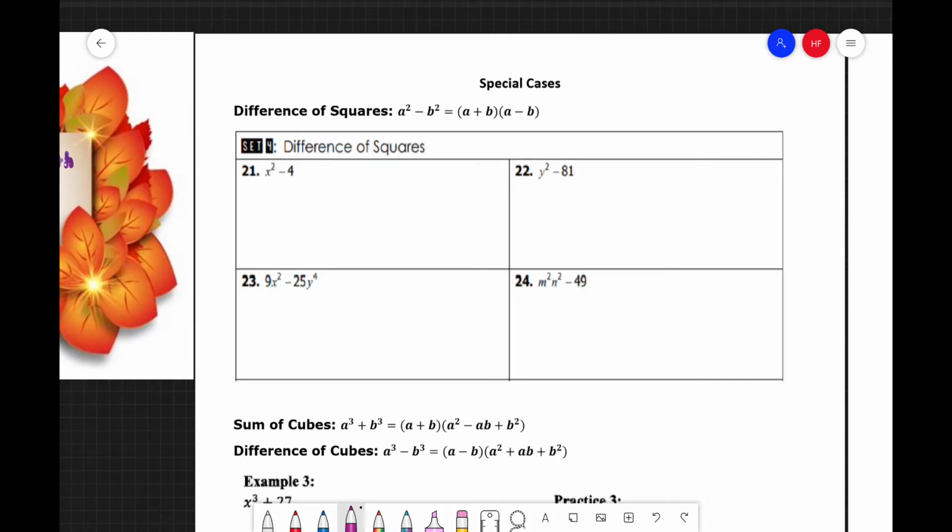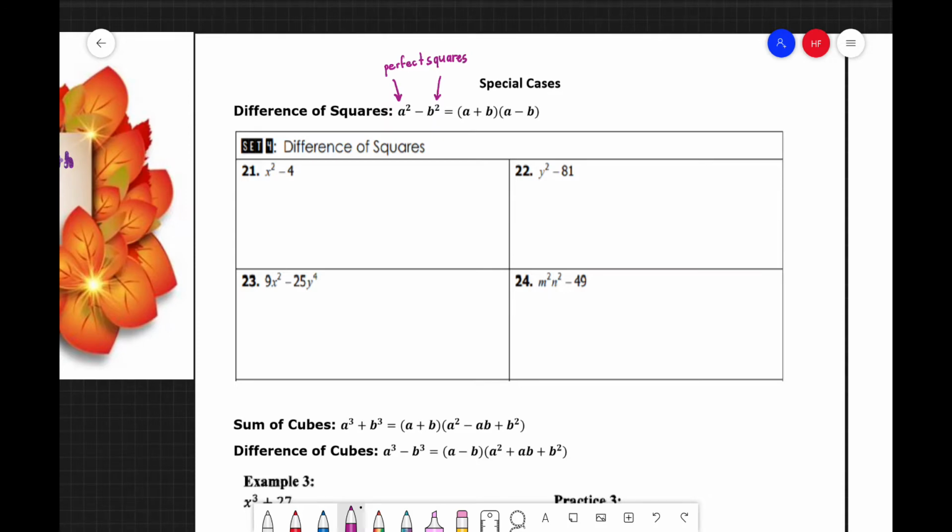So if we have the difference of squares, we have a squared minus b squared, where a squared and b squared are perfect squares. They have to be perfect squares. It can't be like the square root of 15.